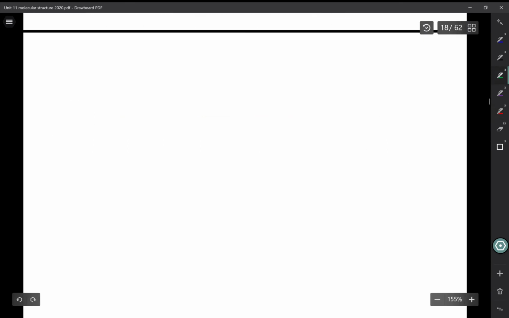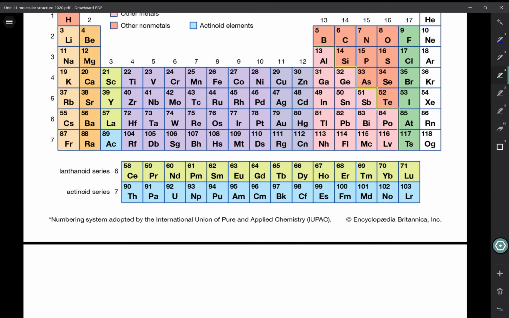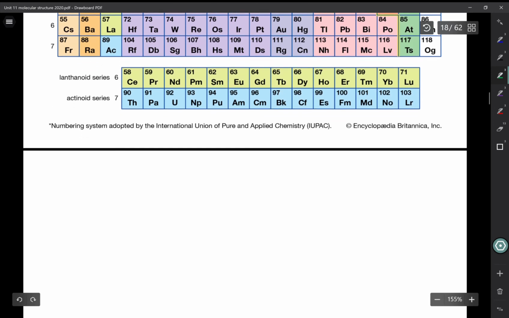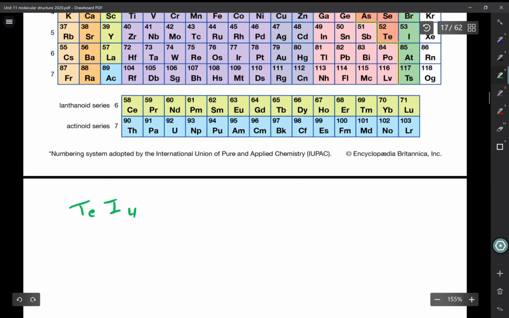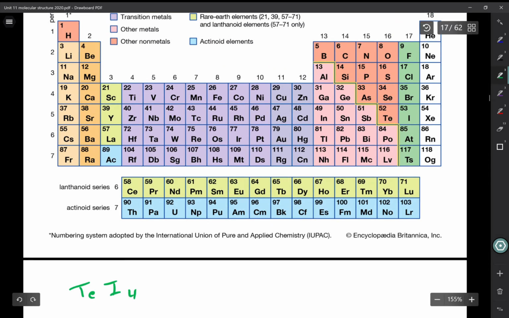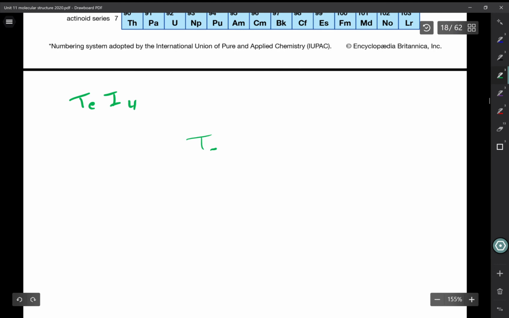For example, let's pick a good one here. Bromine, or let's do tellurium iodide. If you look at tellurium, here it is under sulfur, 6 valence electrons. 1, 2, 3, 4, 5, 6.